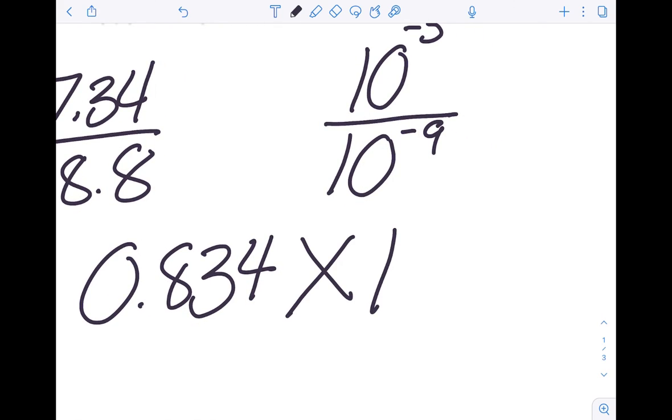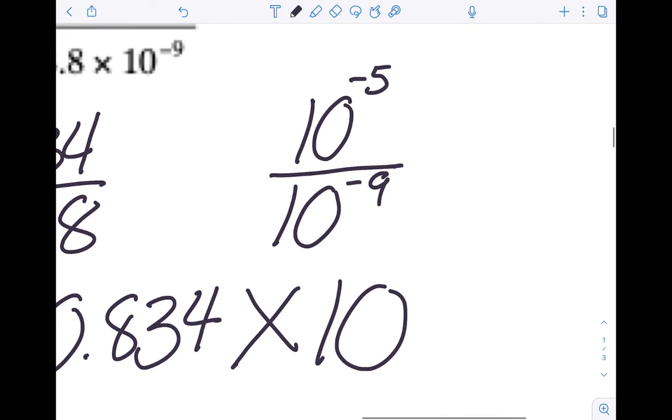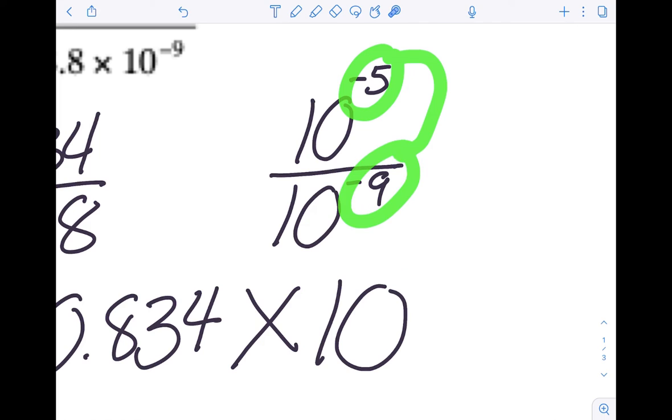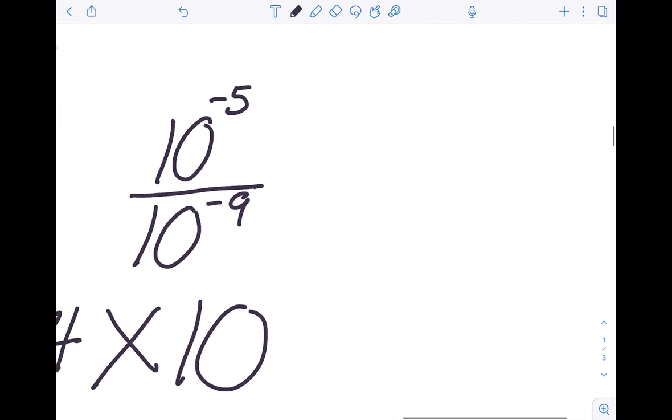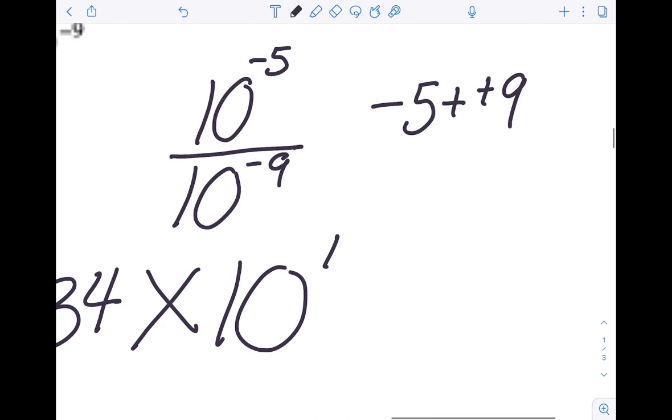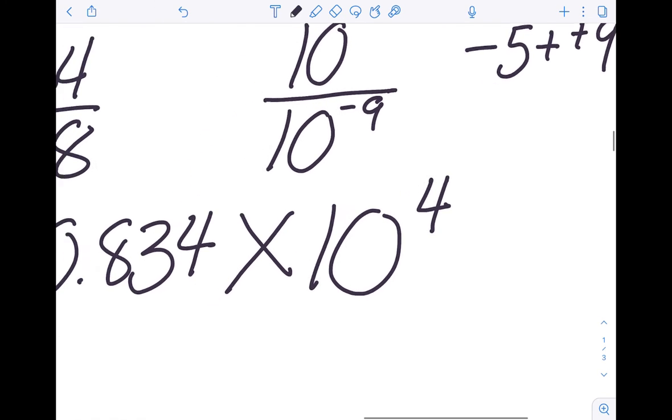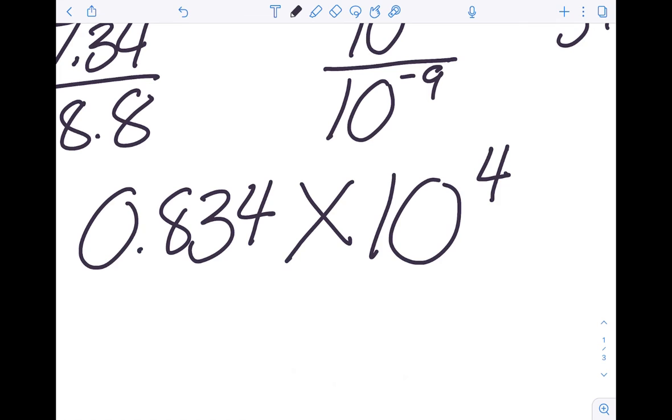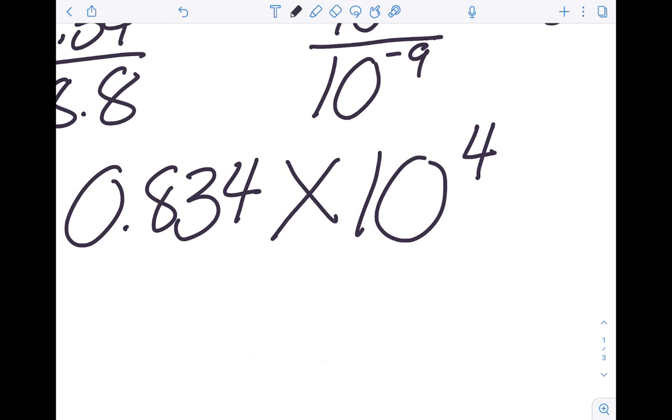0.834 times 10 to the, well, let's see. Since I'm dividing tens, that means negative 5 is going to subtract with negative 9. So negative 5 minus negative 9: negative minus negative means positive. 9 minus 5 is 4, positive 4 because 9 is bigger. But kiddos, I have to move my decimal one time over because I want it right between the 8 and the 3.